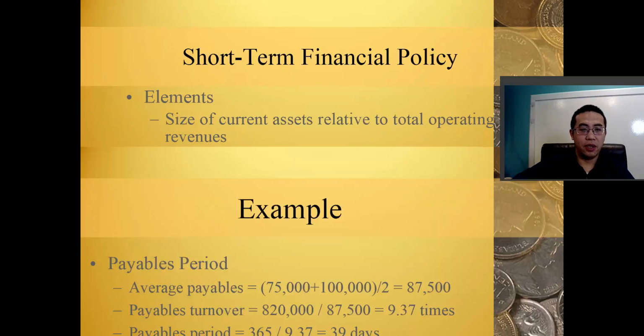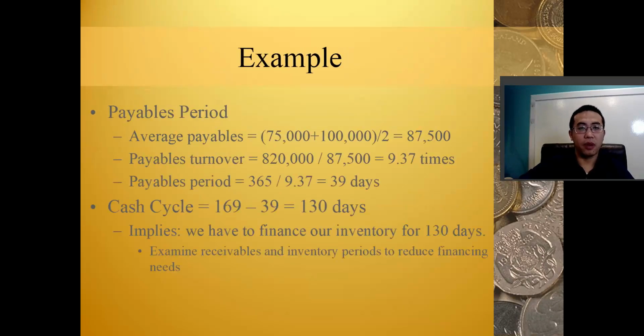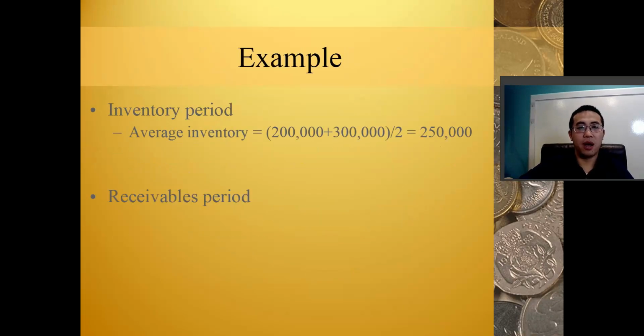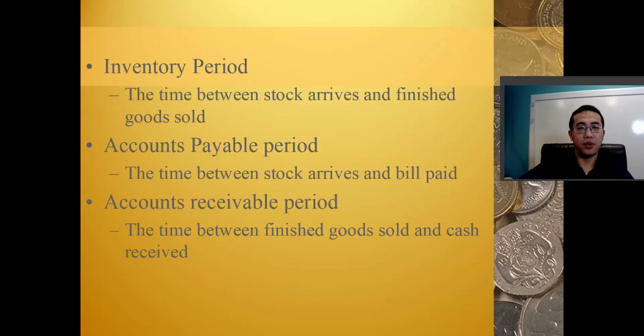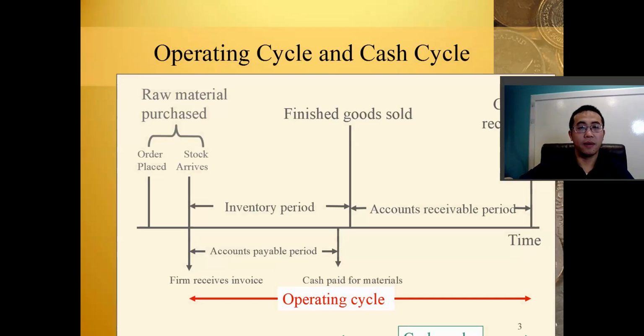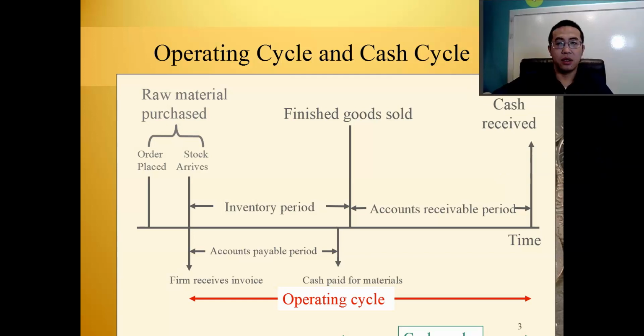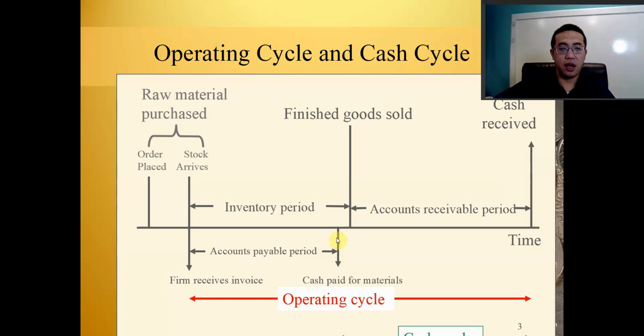If I go back to the timeline I drew earlier, you will see that right here at the end of the accounts payable period, that's the time you pay the money.